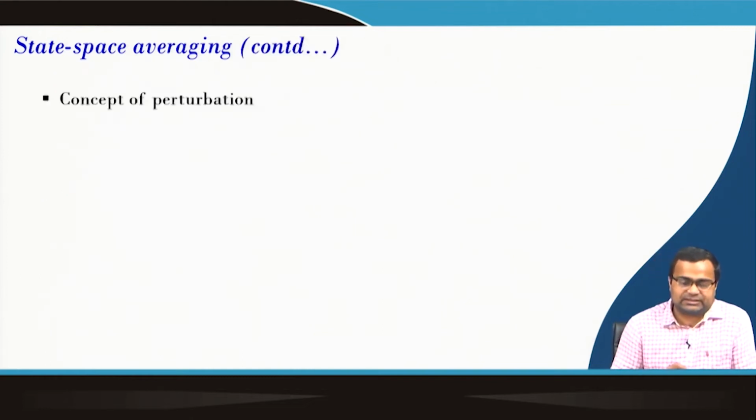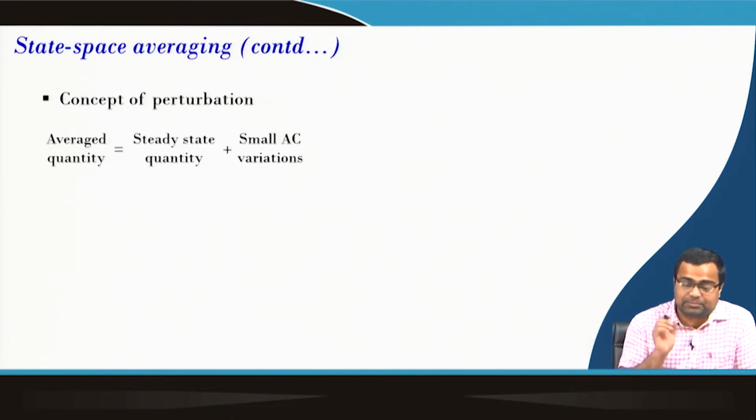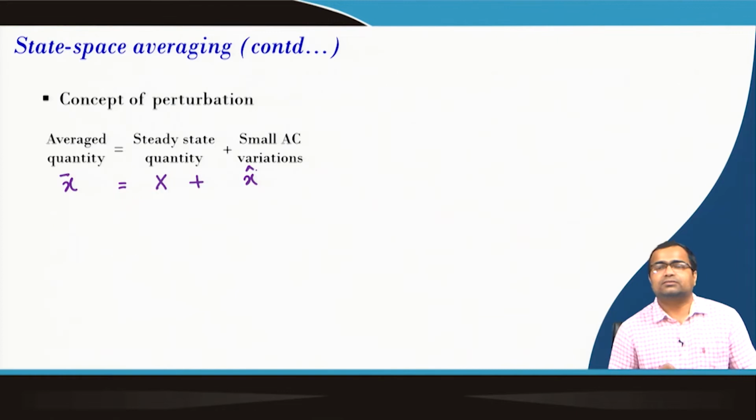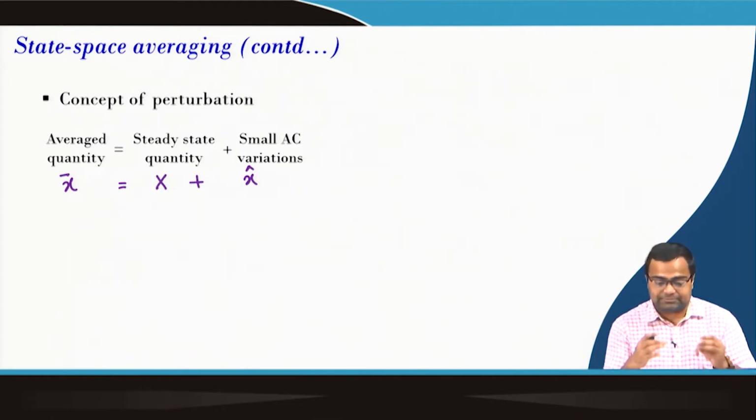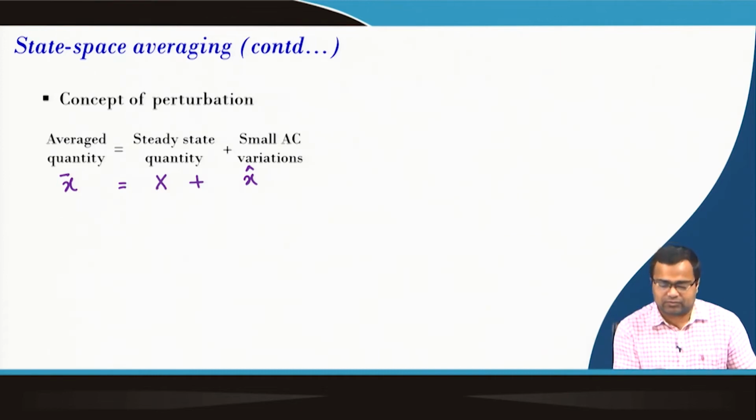Now, in state space averaging, first we need to consider perturbation. That means x bar can be written as capital X plus a small perturbation. We have seen earlier that the original duty ratio consists of two parts: one part is capital D, which is a steady state or fixed quantity, plus some AC excitation, which we take as x hat.